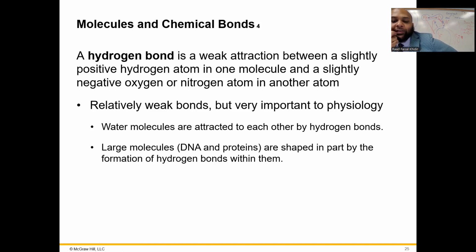These are relatively weak bonds, but very important to physiology. Water molecules are attracted to each other by hydrogen bonds. So it looks like that when it comes to water.